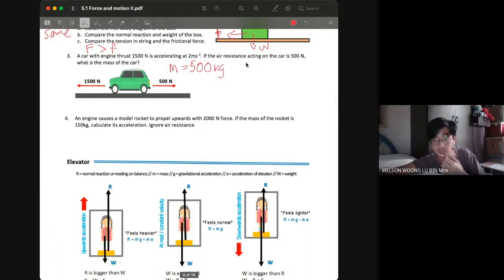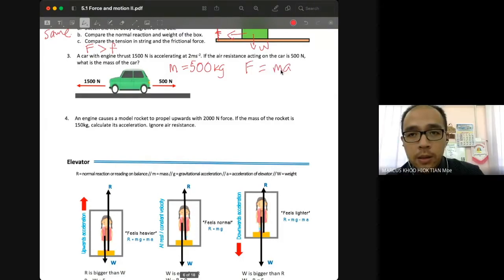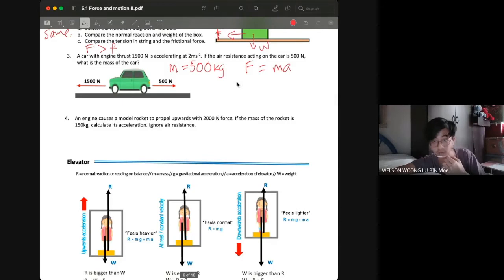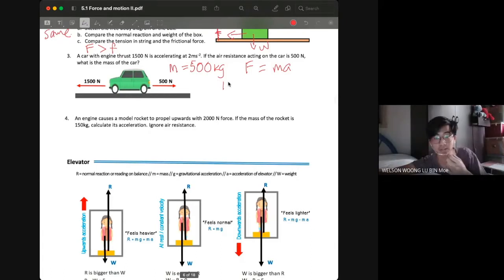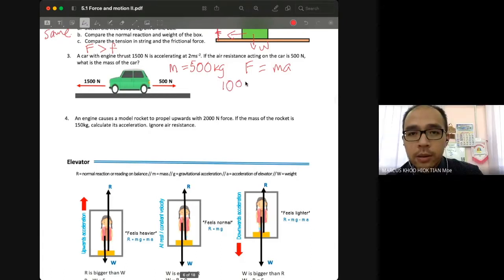F equals, and then given that 1000 Newton equals to mass times acceleration, 2. Sorry, I didn't hear the front part. What did you say in the front? 1000 Newton. Yeah, okay, equals to m times 2.